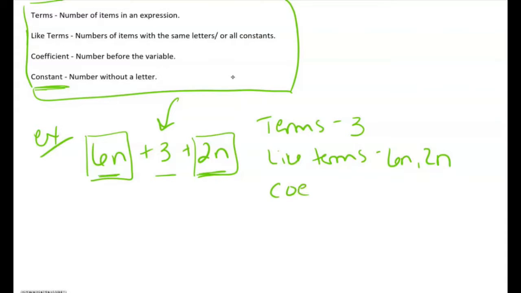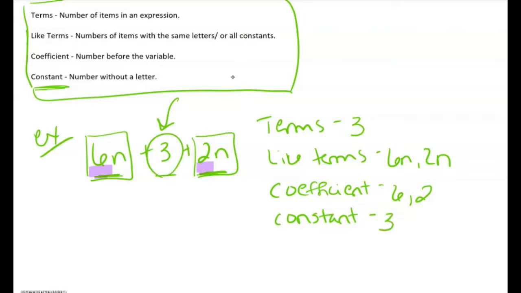A coefficient are the numbers before the letters. So for our terms with letters, here again, 6 and 2. And then finally, we have one constant term, and we identified it earlier. It's this 3. It's the term without any letters in it.